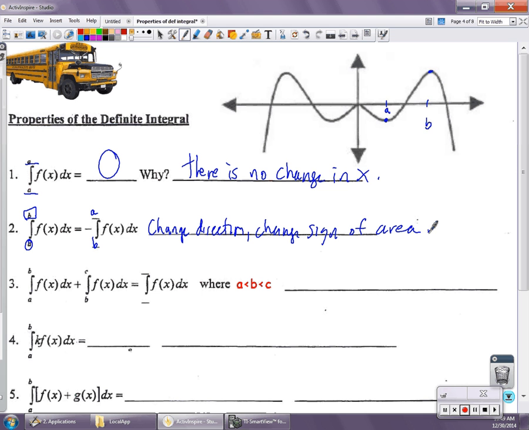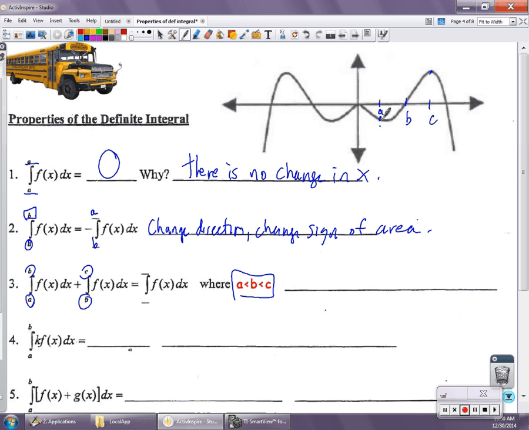Number 3, if we collect the area from a to b, and then we pick up again and we collect the area from b to c, and b is between a and c. So we have an a, a b, and a c.